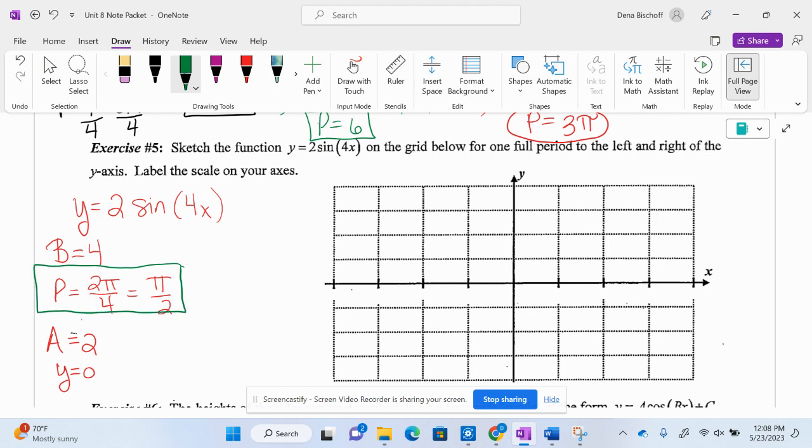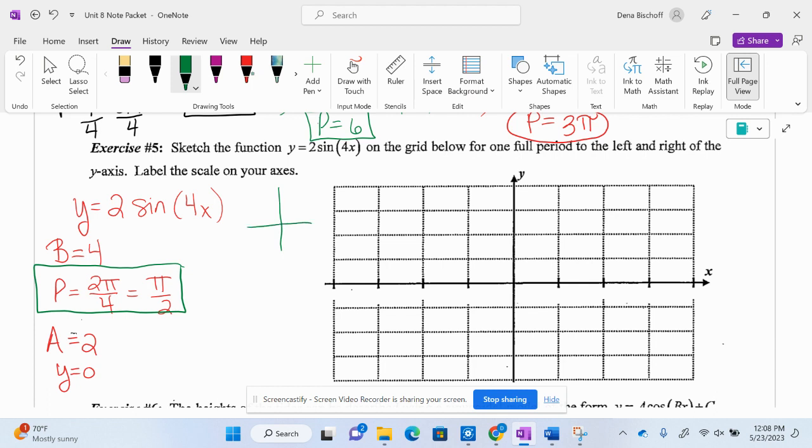This means that we will get one whole complete cycle of this function in half of pi, in that horizontal distance of half of pi. And when you think about your graphs, we said that trig functions are graphed in quarters, just like the quadrants.